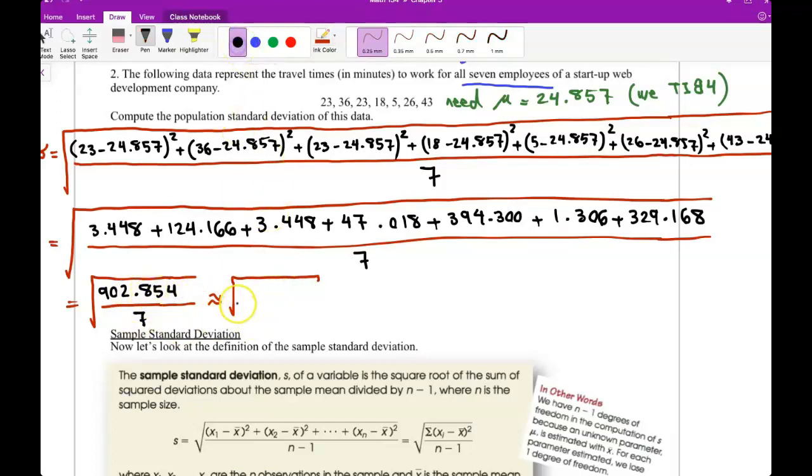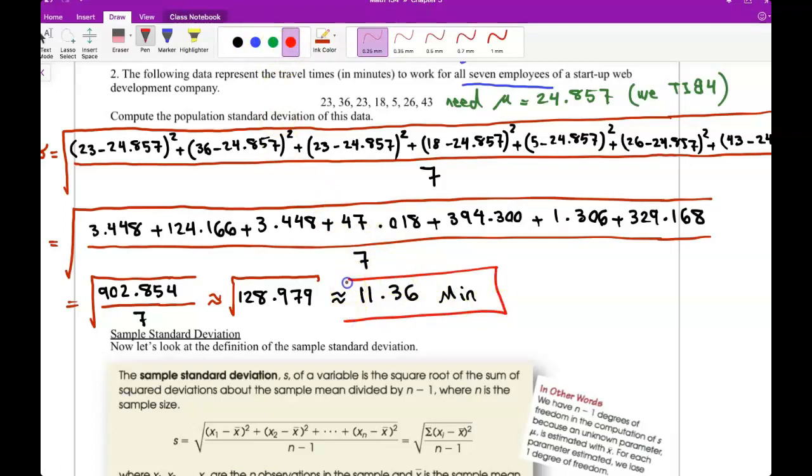Here I got 128.979. Okay, run that. The answer is 11.36, which is exactly what we got using calculator. So this is without using calculator to find population standard deviation.